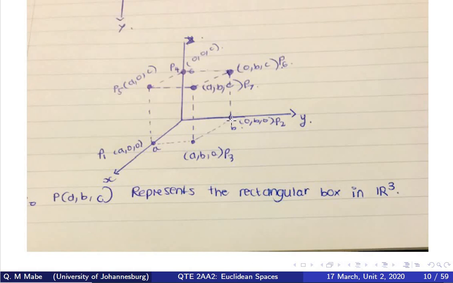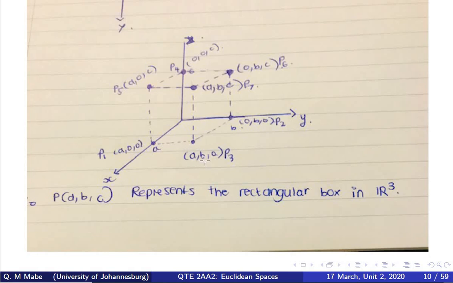And if B, or the y coordinate, is the only non-zero coordinate, it means that we're sitting on the y-axis at B. So it corresponds to the point here. When we're on B, it means all other coordinates are 0 other than y coordinate itself.